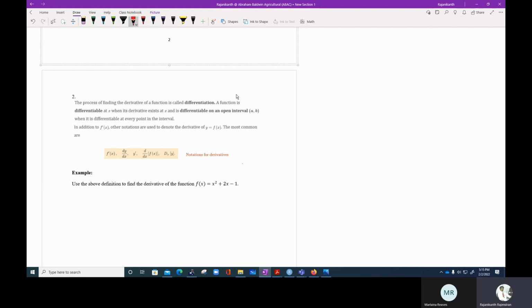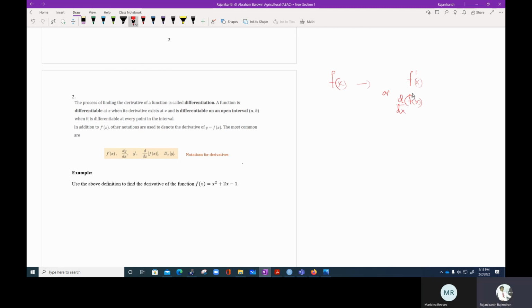Suppose you are given function f(x), then you could use either f prime of x or df(x) over dx. You could use either notation to denote the derivative of function f.